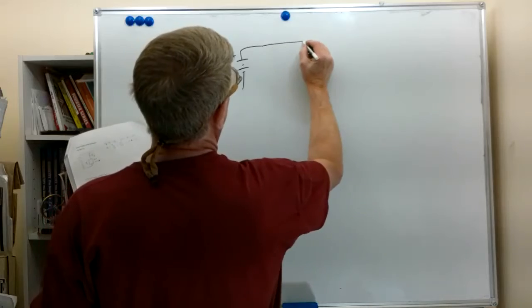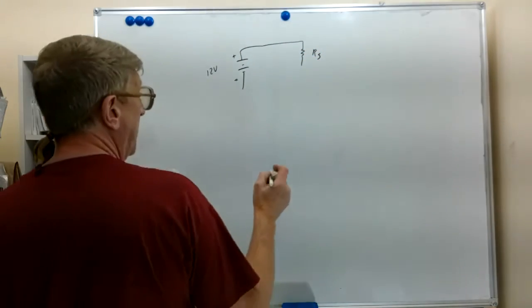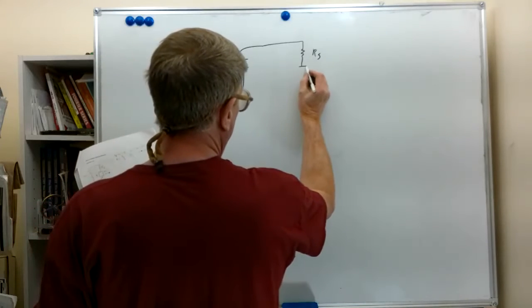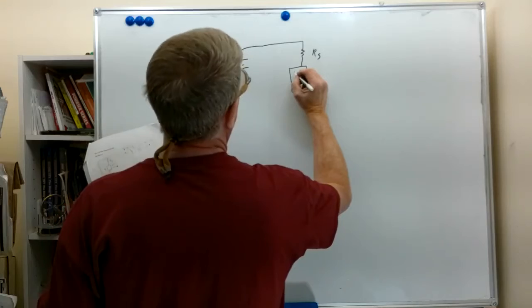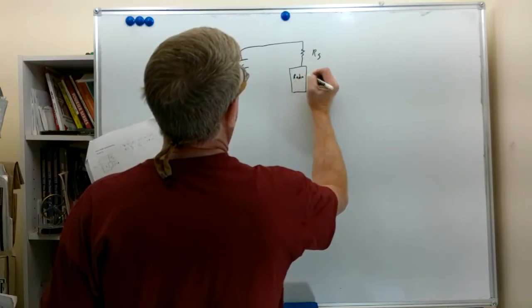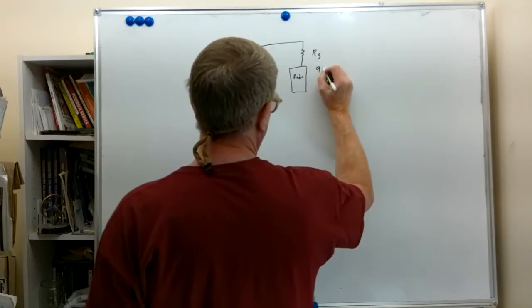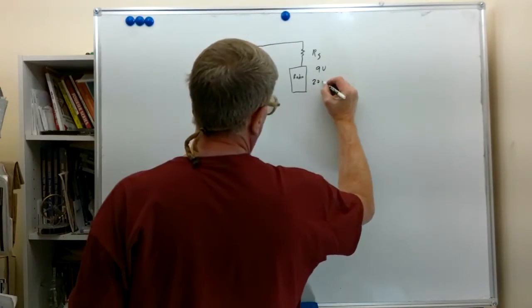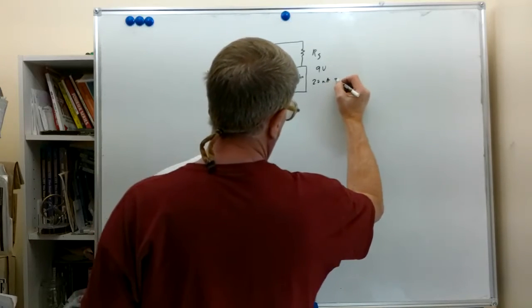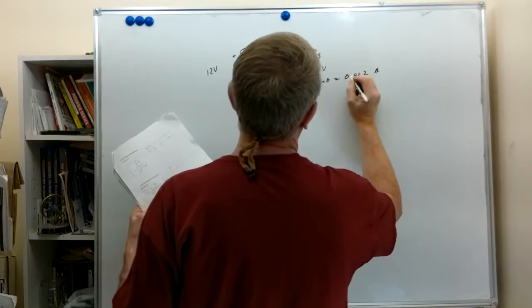And we're going to put some resistance, which we'll call RS for our series. And our load is basically a transistor radio. And that radio, we know, normally operates on 9 volts and requires 20 milliamps of current to run, which is also equal to 0.02 amps.